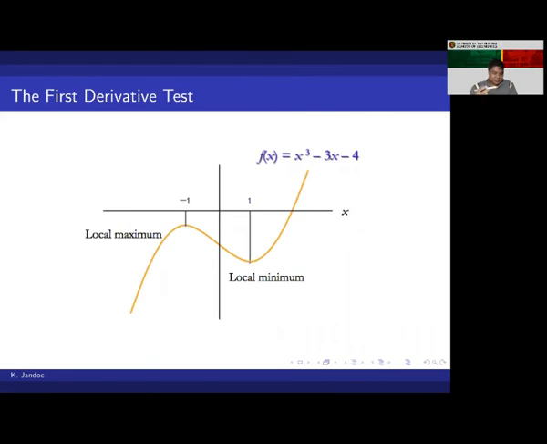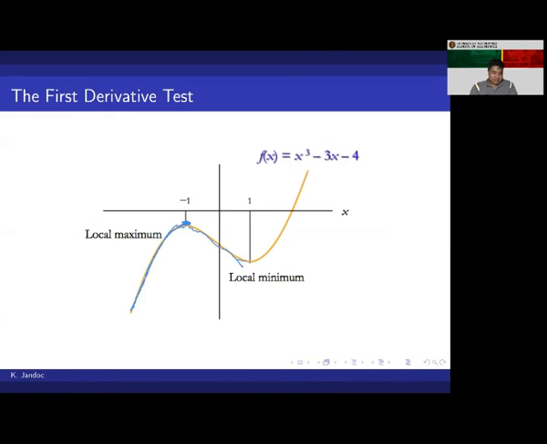Like I said before, to the left of negative 1, the value of the function is increasing, and to the right of negative 1, it is decreasing. So this point negative 1 is a local maximizer, and this value is a local maximum.